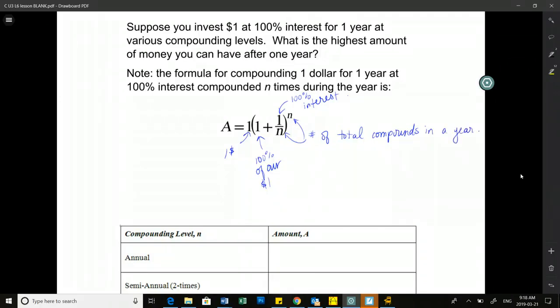Normally our n represents the total number of compounds over the total number of years, but we're just looking at one single year here, so it's just the total number of compounds we have within that year.